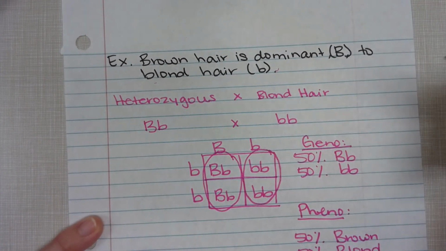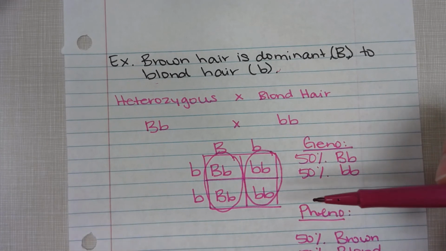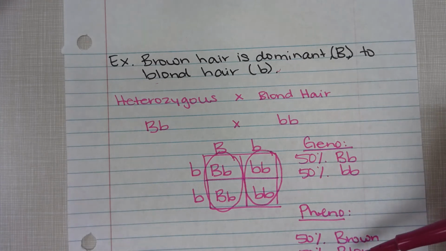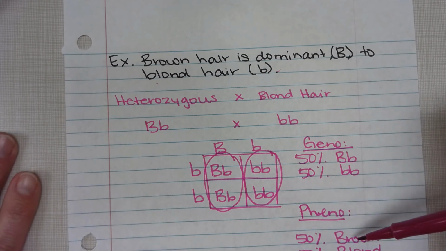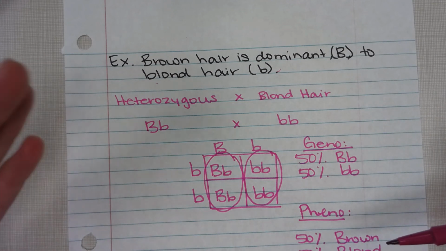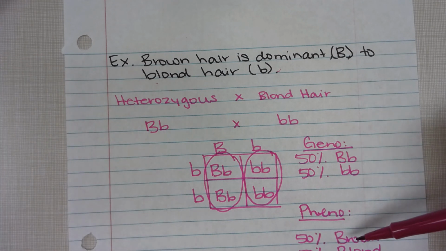So every offspring that these two individuals have, every single offspring has a 50-50 chance of having brown hair or blonde hair. So let's say they have two kids. It doesn't automatically mean that one is going to have brown hair and one is going to have blonde hair. That ratio resets for every individual, every offspring that's produced. The chance is 50% brown, 50% blonde.